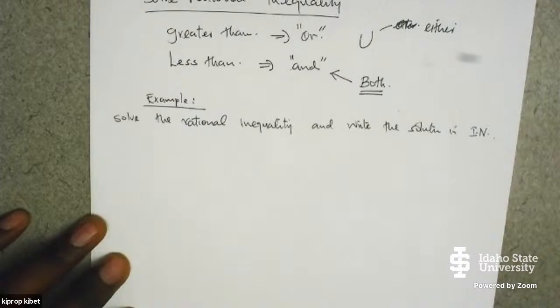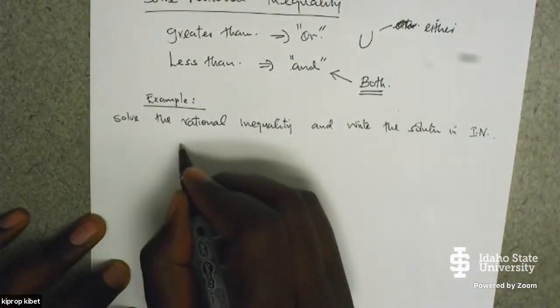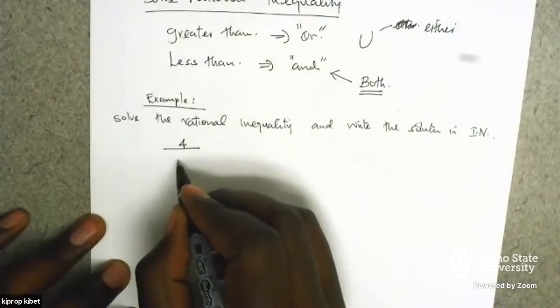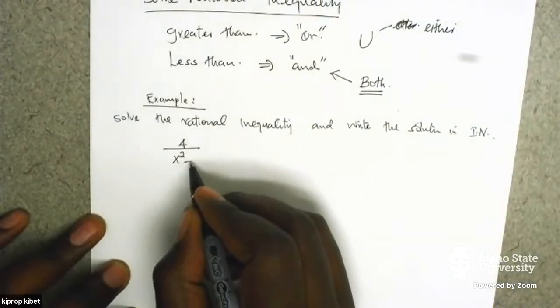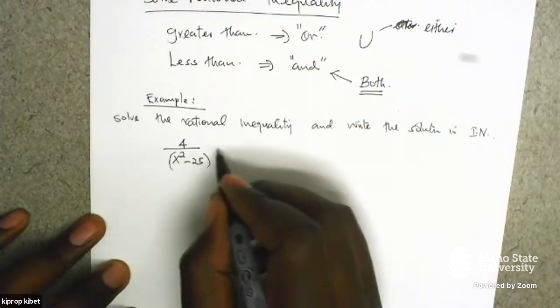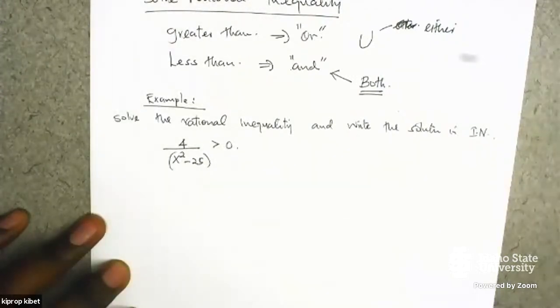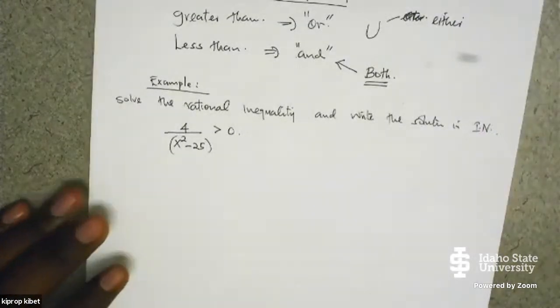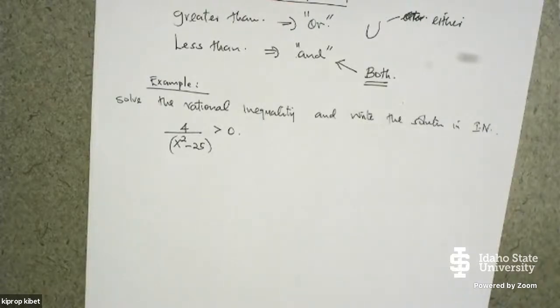We have 4 over x squared minus 25 greater than 0. How should we solve this?